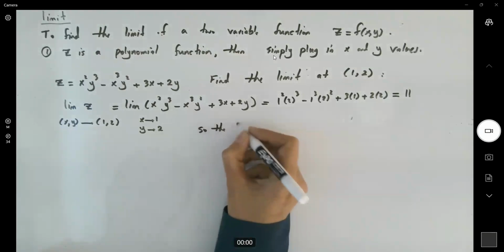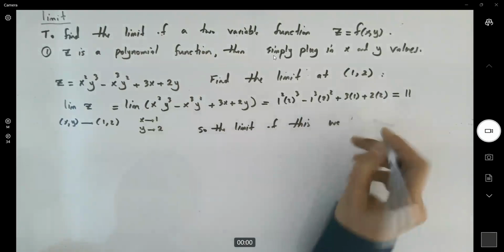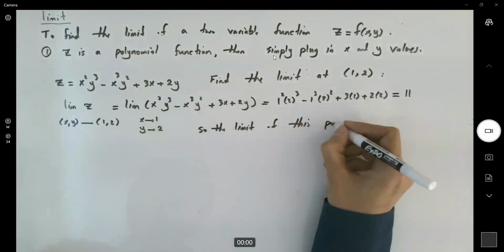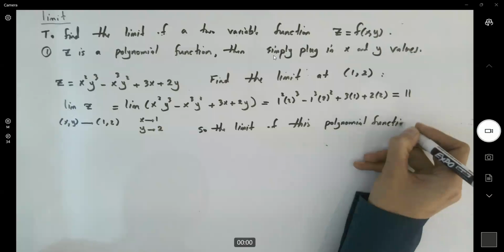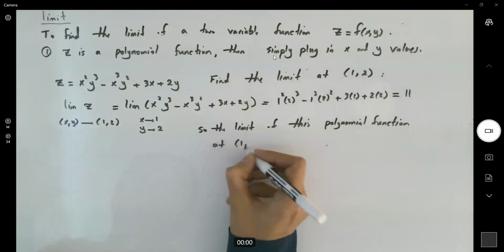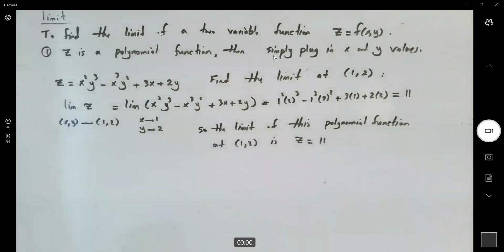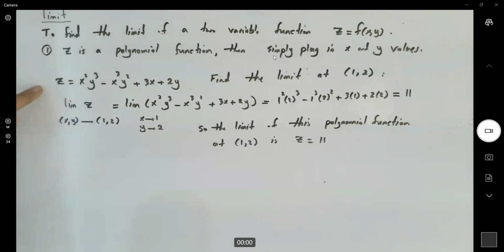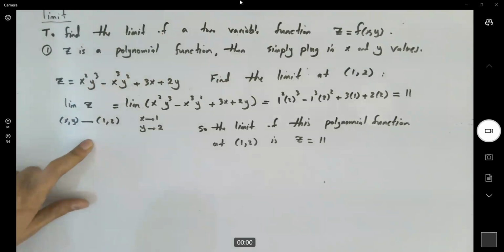So, the limit of this well-behaved function, this polynomial function, at 1 and 2 is z equals 11. So far we don't have any issue. Here you have a nice function, polynomial function. By plugging the values, you can check to see if the function has a limit or not.